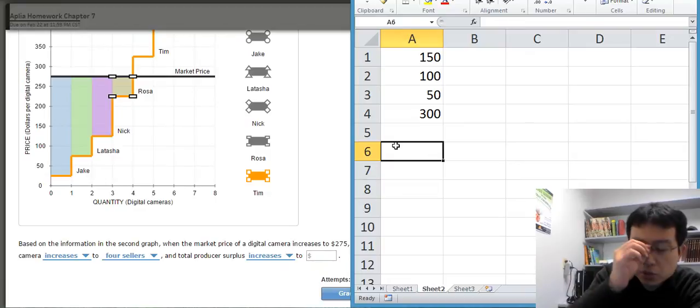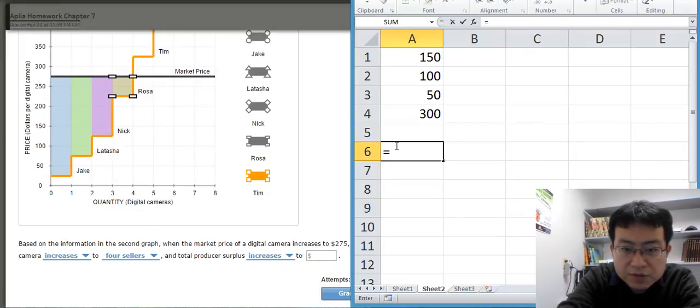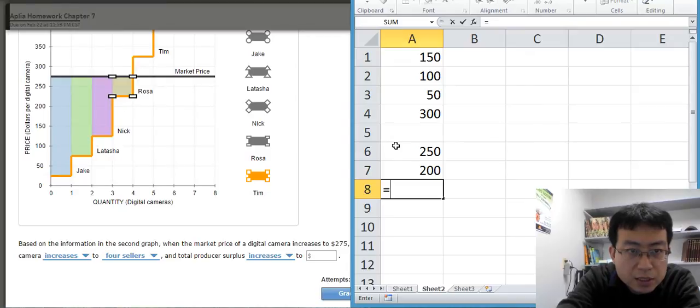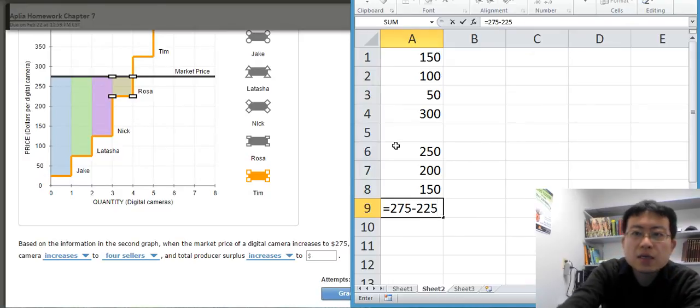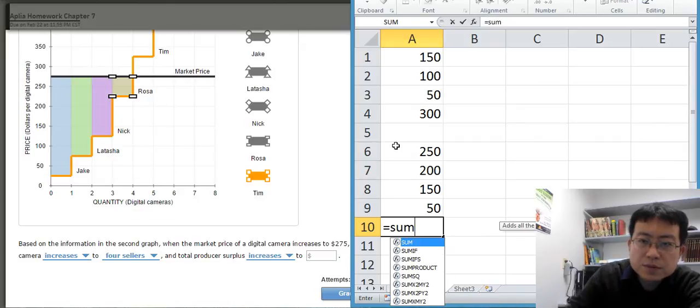For the first one, we're going to use $275 for Jack minus his $25, and then next for Latasha is $275 minus $75, and next will be Nick, that's $275 minus $125, and then for Rosa, $275 minus $225. Okay, and then let's find the total.